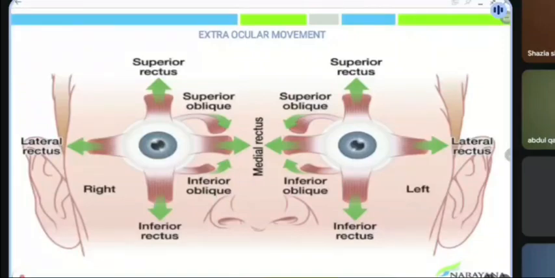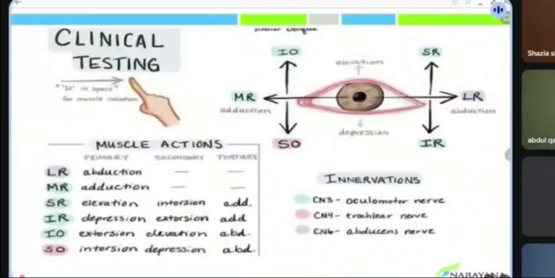So there is another point where you can simply memorize this from a simple point of view. Whenever you're doing an extraocular motility test, we will be using a broad H test, where it will be evaluating each position and each muscle.